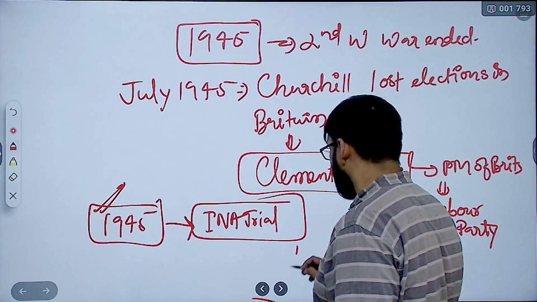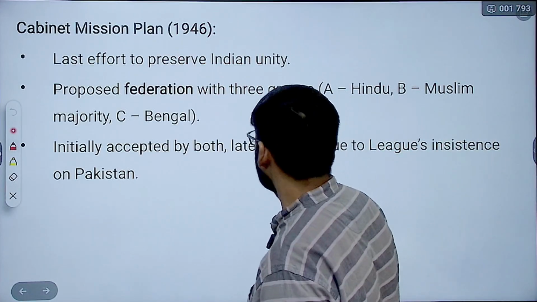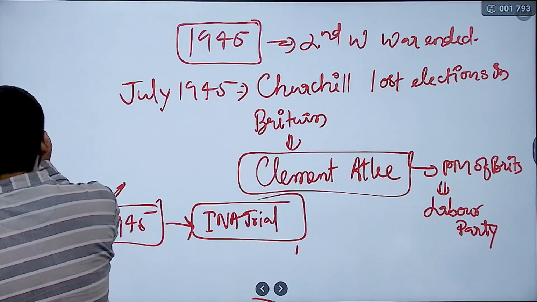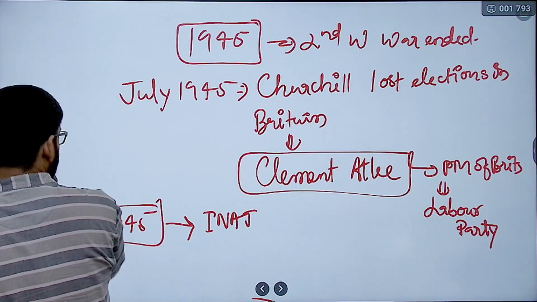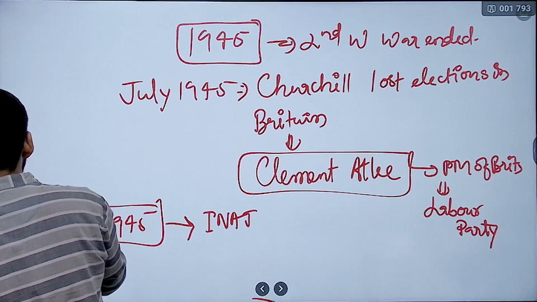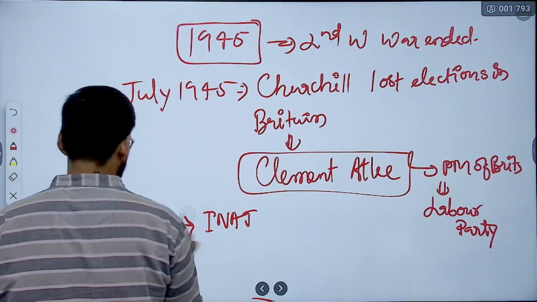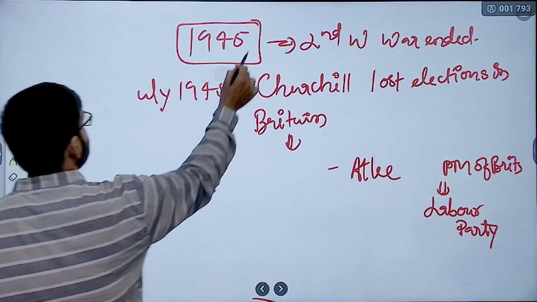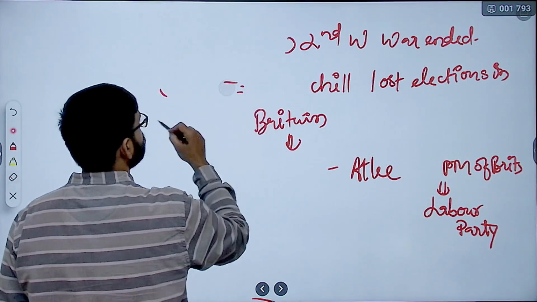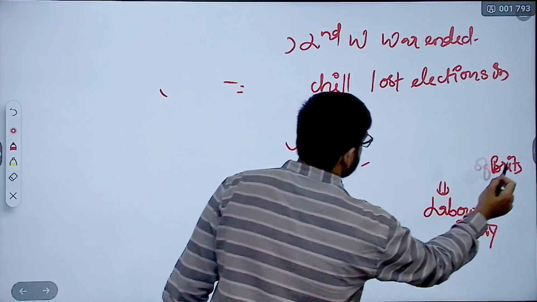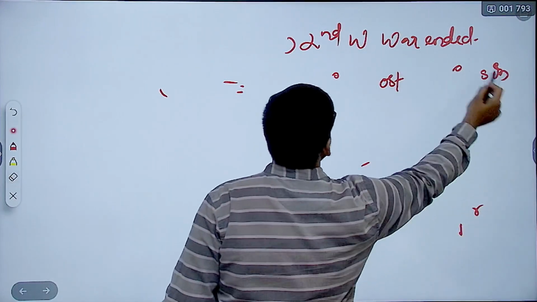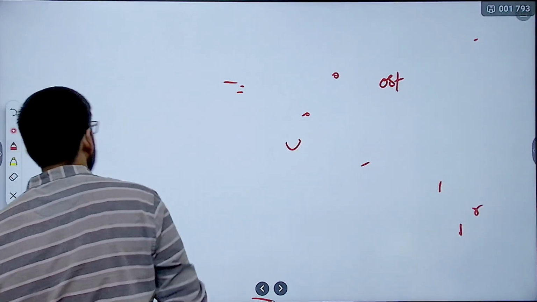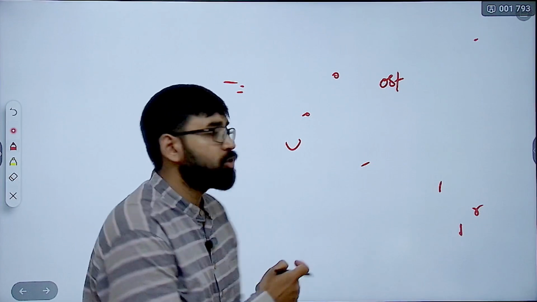So what was the outcome of the elections, है ना. अब elections का outcome क्या हुआ? So let's try to understand the outcome of the elections. Now, what was the outcome in the election?